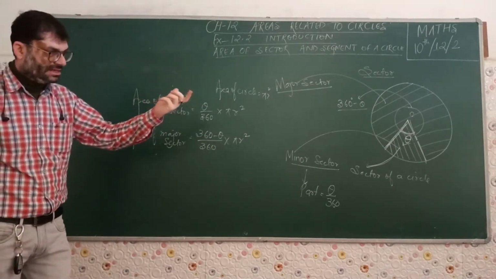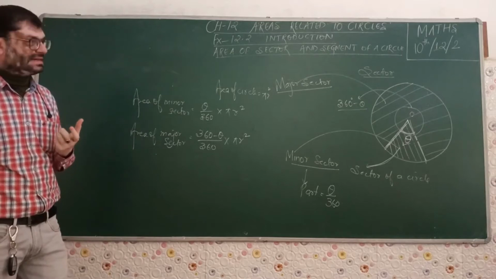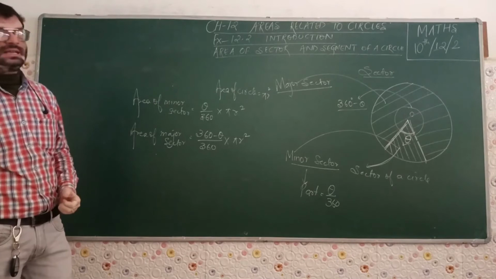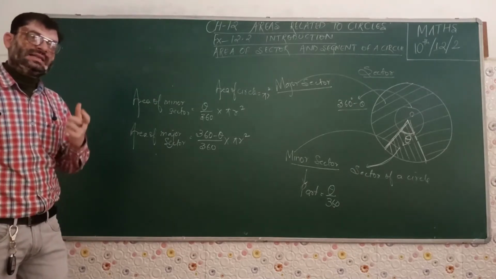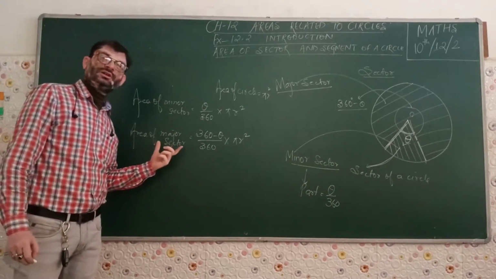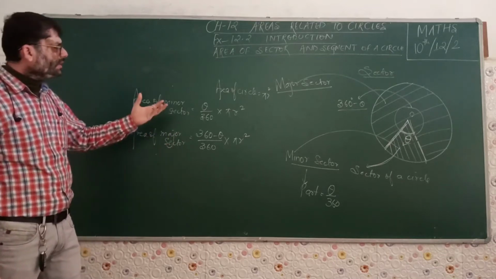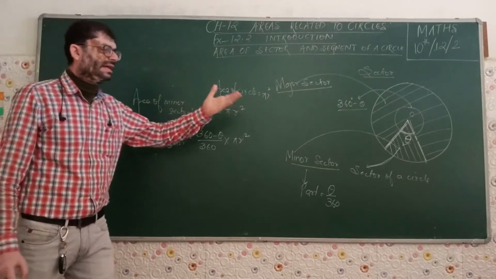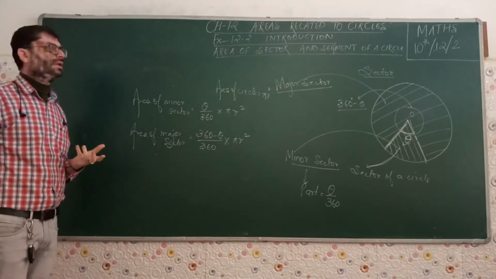That means theta can be considered as a central angle for the minor sector, and 360 minus theta can be considered as a central angle for the major sector. Changing the values of theta, we can find the areas of different types of sectors as required in the question.